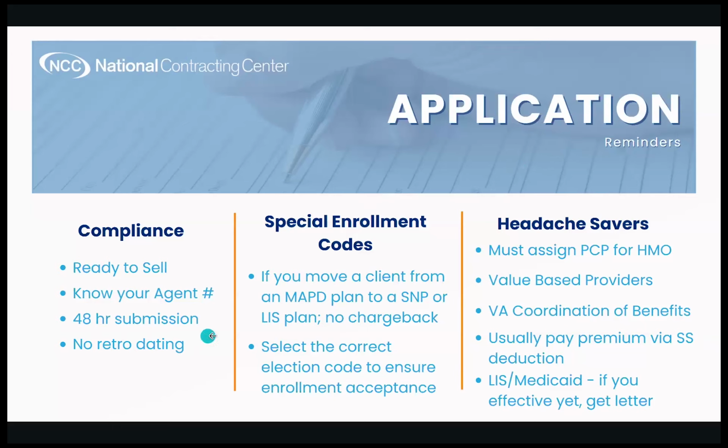Your agent ID number is going to be a part of your enrollment applications. Make sure that you submit those enrollment applications no less than 48 hours of signature date and time. There is no retro dating. That is a really big compliance issue. Carriers will catch it. They will not process your app. They will make you do another one.